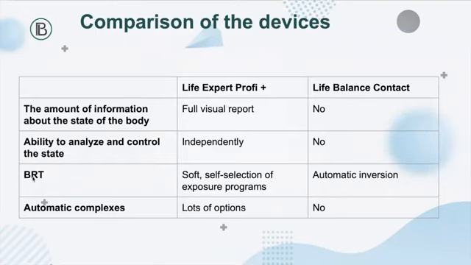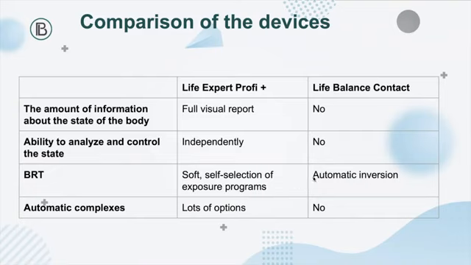Life BRT, which is a passive bioresonance therapy by Meridians. With Life Balance Contact, we have an automatic inversion, and basically it can be used as a BRT therapy. And with Life Expert Profi, it's a soft self-selection of exposure programs, like automatic in Life Balance Contact.